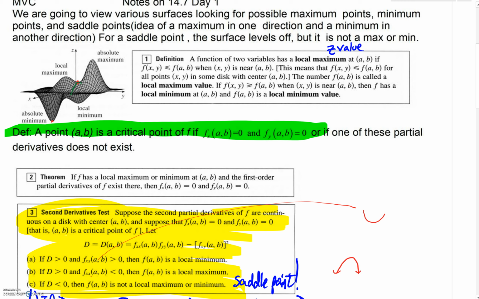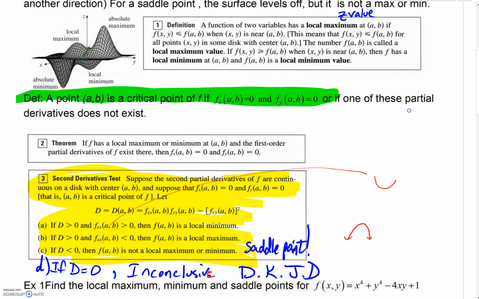So that's very important. Once we have a critical point, just like we had in single variable calculus, we're going to have a way to test if our critical point is actually a maximum, a local minimum, or a saddle point.